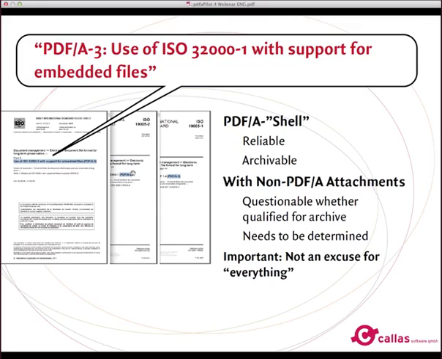PDF/A-2 is based on a newer version of the PDF specification. While PDF/A-1 was based on PDF 1.4, which corresponds to Acrobat 5, PDF/A-2 is based on PDF 1.7, which was also introduced as an ISO standard, ISO 32000.